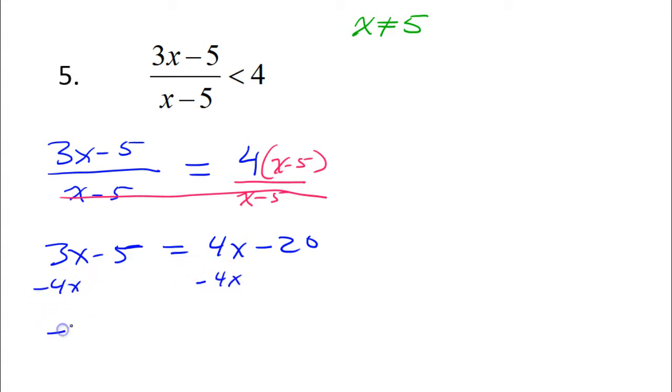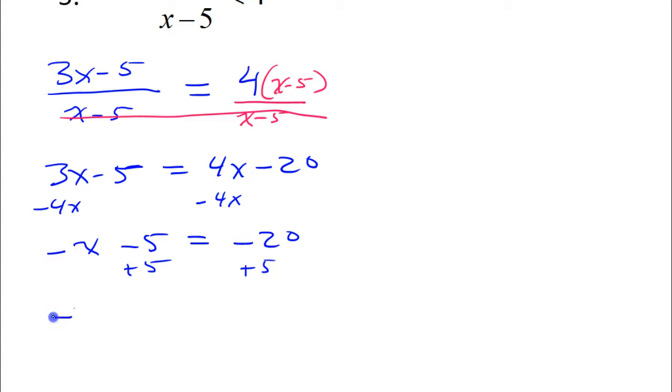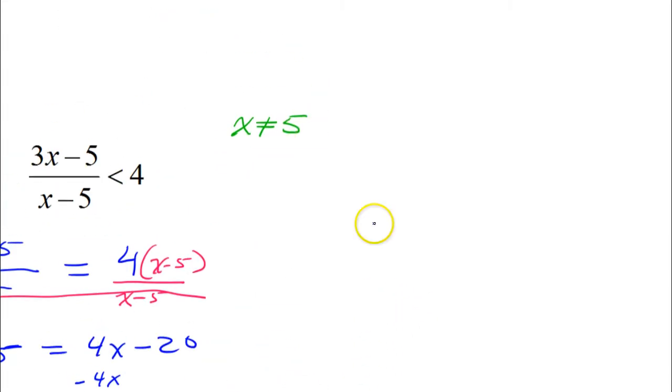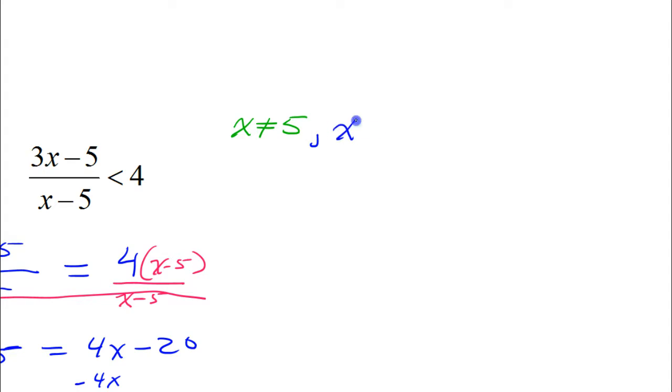So that's going to leave me with negative x minus 5 is equal to negative 20. I'm going to add 5 to both sides. So that's going to give me negative x is equal to negative 15. Dividing by negative 1 gives me x equals positive 15. So that is going to go on my number line as well, x equals 15.